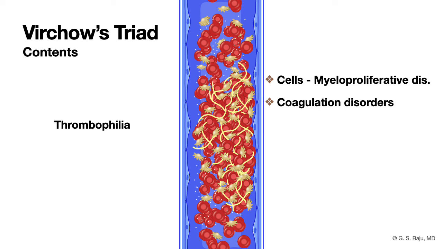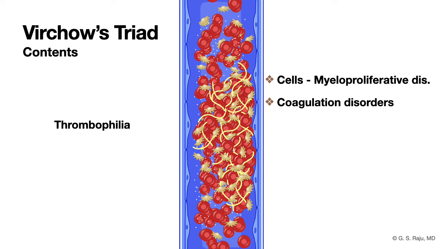If there is a disturbance in the coagulation cascade, we know bleeding disorders can happen, but if there are more active procoagulants like factor V Leiden or prothrombin gene changes, they push the cascade forwards, resulting in thrombosis.